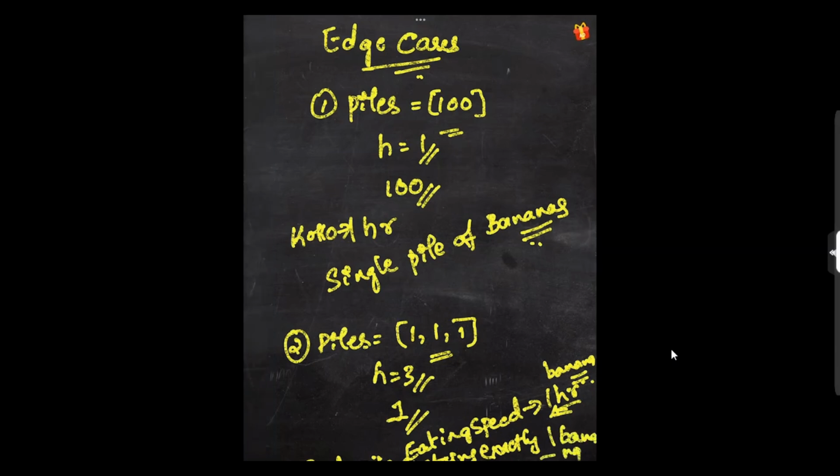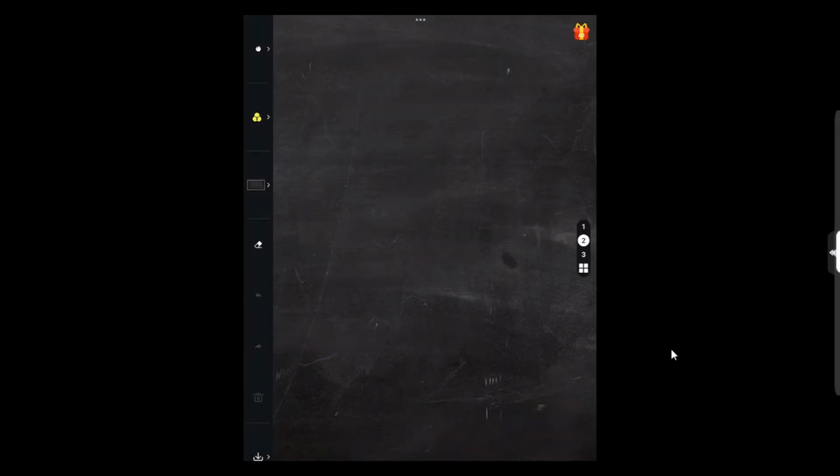Let's move on with the third edge case, which is large piles with tight hours. Let me consider the example 30, 11, 23, 4, 20, anything you can consider.